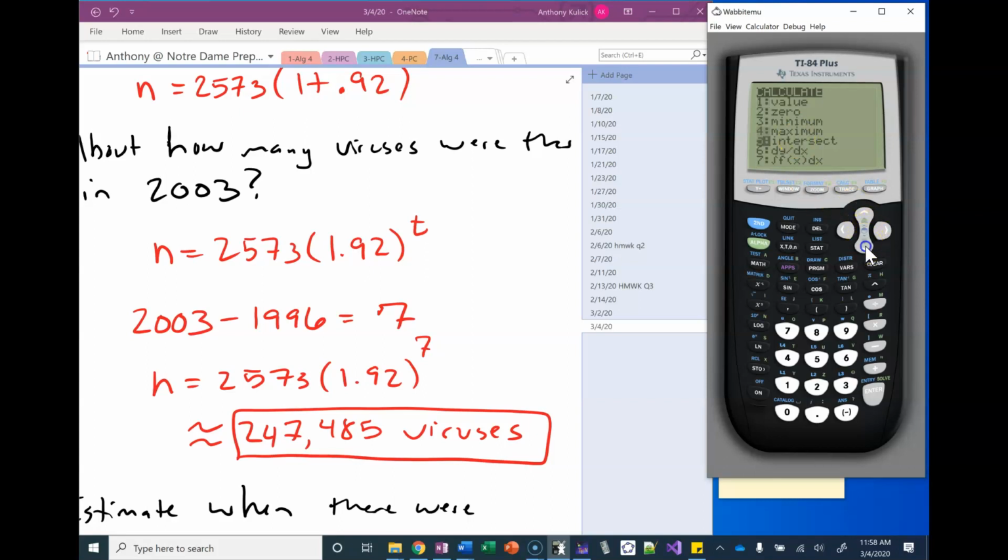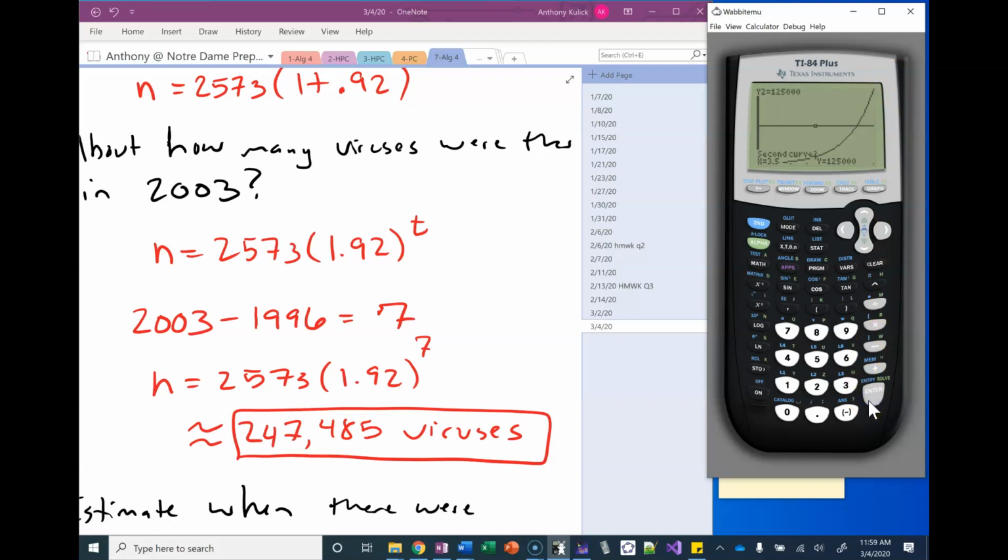So let's scroll down and select the intersect command. So notice on my screen now, the calculator is going to ask me some questions. So the first question it asks is first curve. You notice you can see the cursor on my calculator here that's on the model. So as long as I pick anywhere on that line, I'm okay.